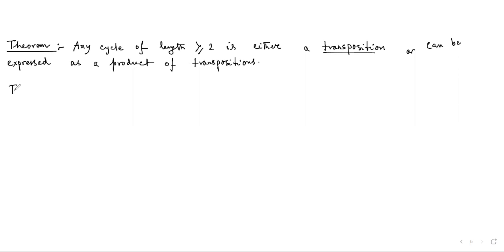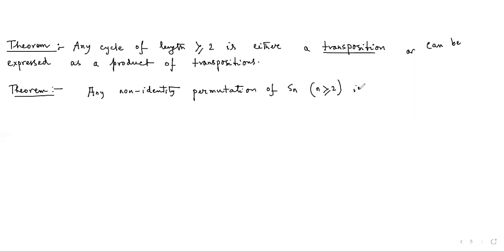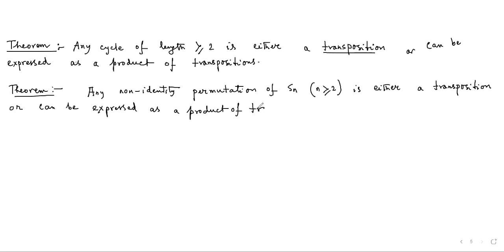Another theorem which is also very important is: any non-identity permutation of Sn, n greater than or equal to 2, is either a transposition or can be expressed as a product of transpositions.